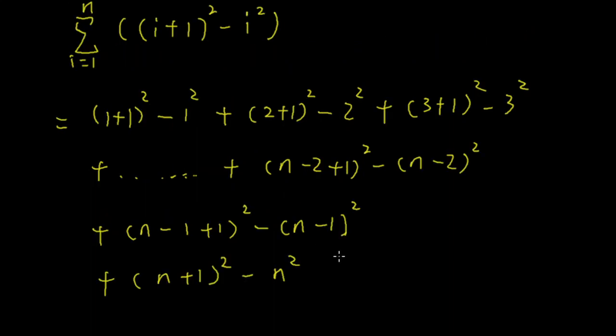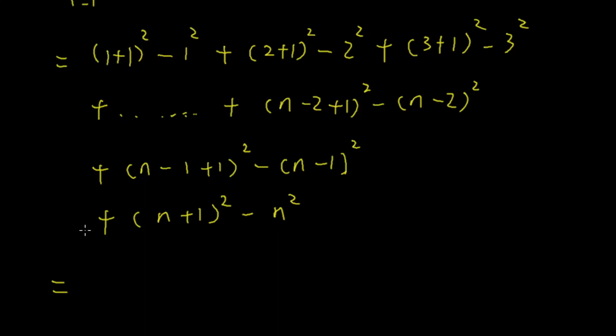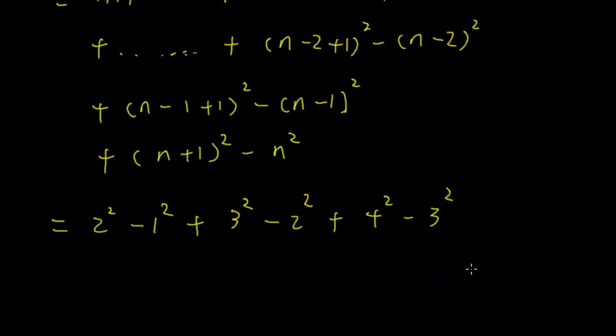Okay, now what's that equal to? Now (1 plus 1) squared is 2 squared minus 1 squared, right? Plus here (2 plus 1) is 3 squared minus 2 squared. Here, plus (3 plus 1) is 4 squared minus 3 squared, and then plus, and so on.